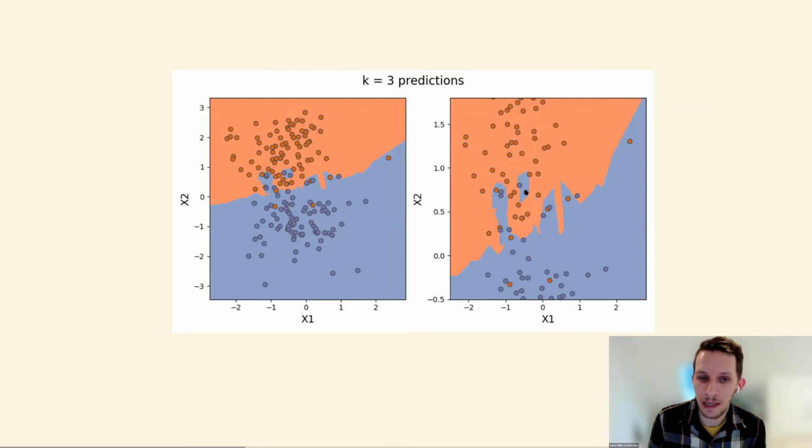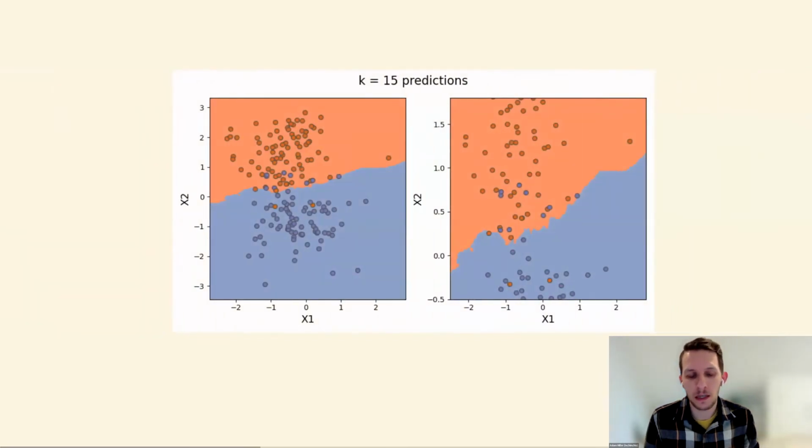Showing the results of the same data set, but with a k equals 15 predictor, we find fairly similar results, but a smoother boundary in this case, because we need a far larger number of neighbors.